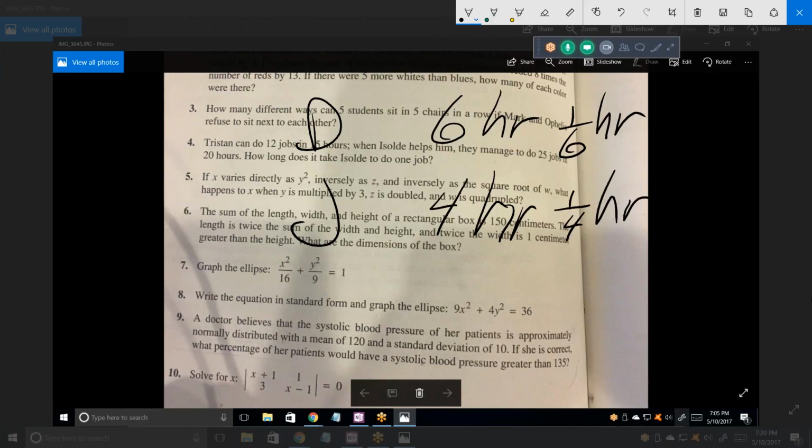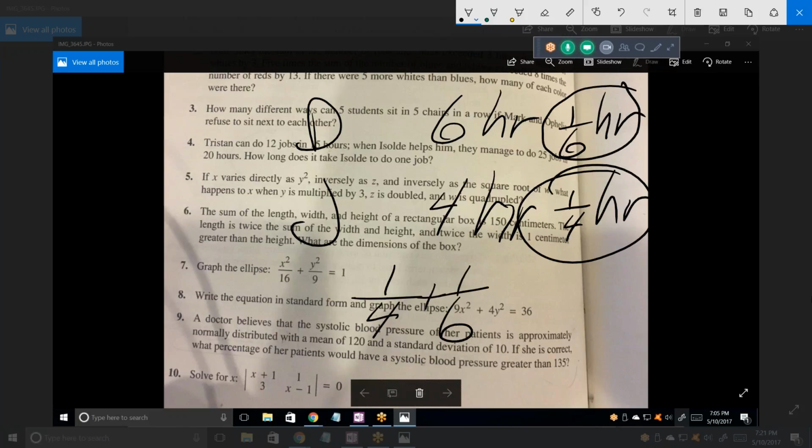Now, if we're working together, and you start in one corner and I start in the other corner, we're just as efficient, right? At the end of 1 hour, you will have painted 1/4 of the house. I will have painted 1/6 of the house. Together, we've painted this much of the house.